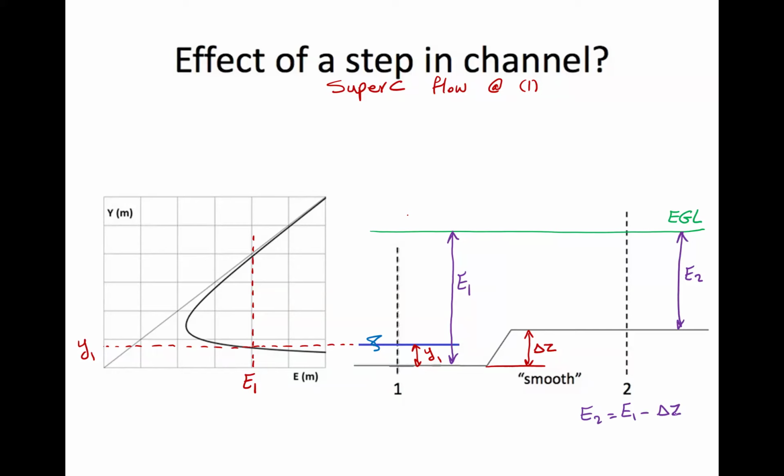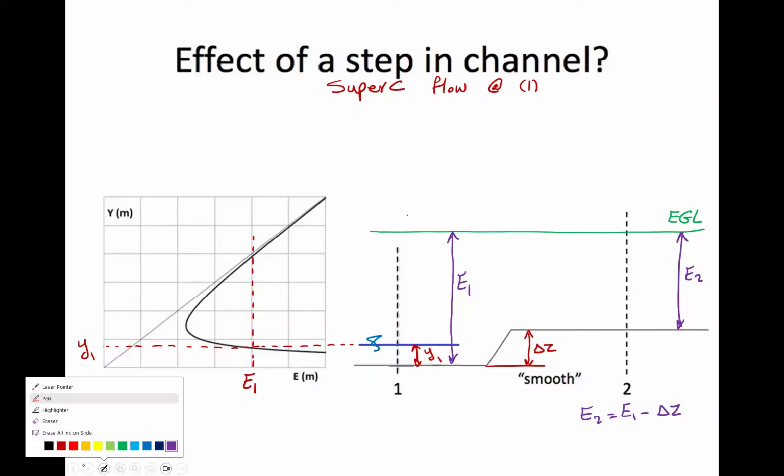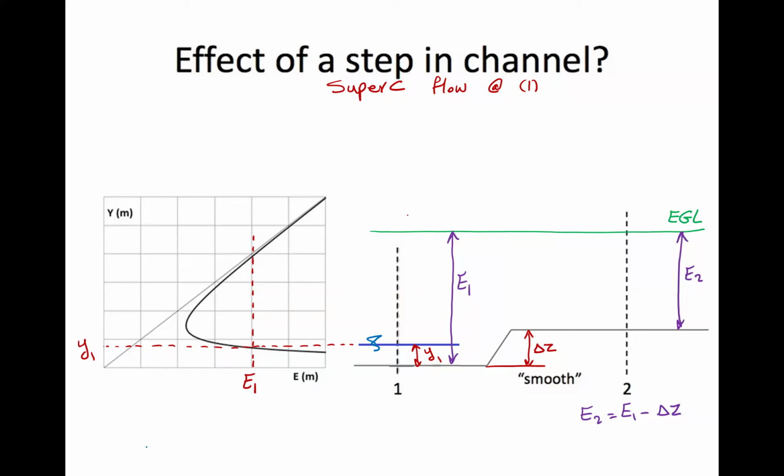EGL is constant. Okay, so let's again transfer section 2 to our EY graph. And if we do that, section 2 will be, let's say, somewhere here. That is E2. The distance between these two is delta Z. Again, obvious on the chart.